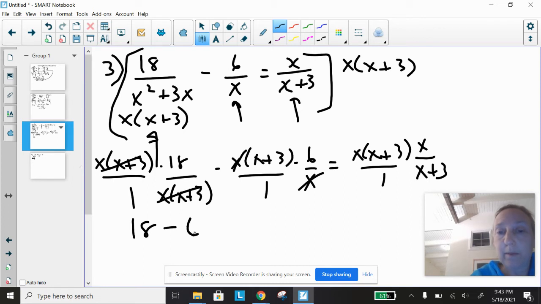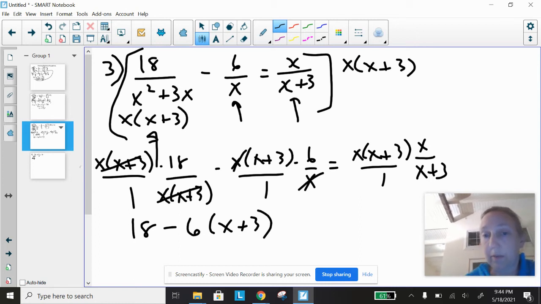But I'm going to write minus 6 times x plus 3, and I'm going to leave it like that so I don't forget to distribute that negative 6 all the way through. And you see like the 6 was on the right-hand side. I just like to see my coefficient in the front of my parentheses, so I moved it there. And the x plus 3's cross out in the last term, and that gives me an x squared.